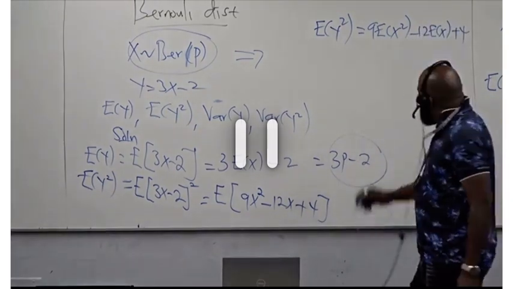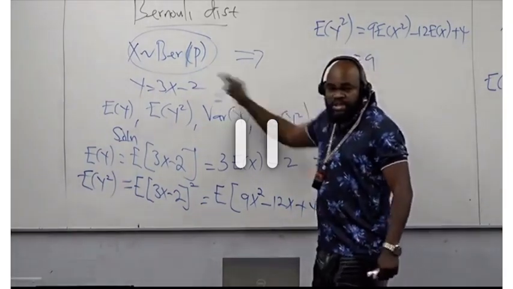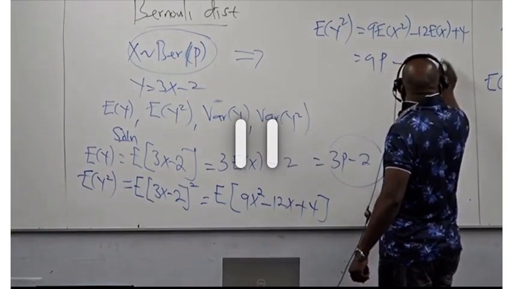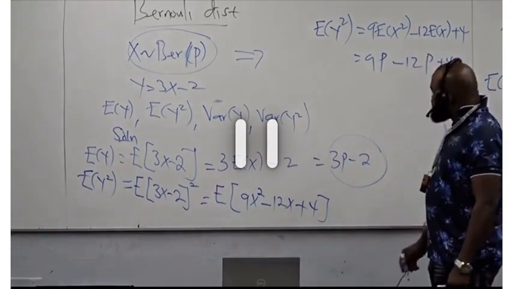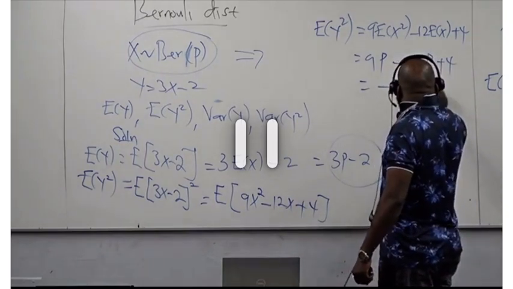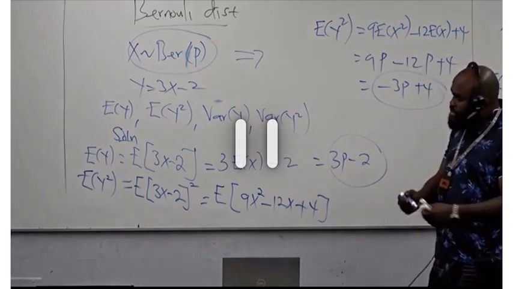For Bernoulli, the expected value of x squared is p, and this is also p. So 9p minus 12p gives negative 3p plus 4. So this is the expectation of y squared.